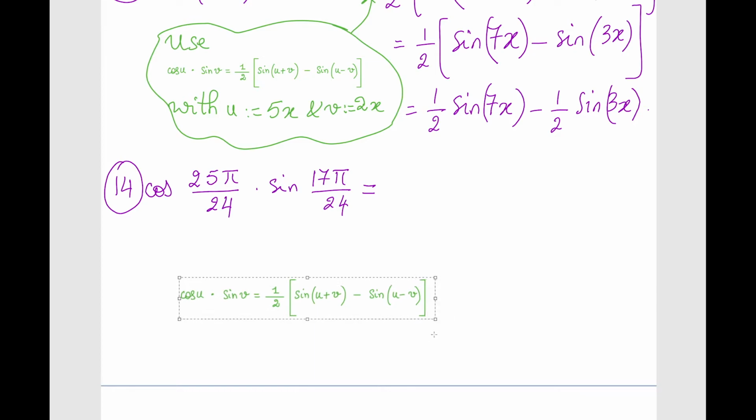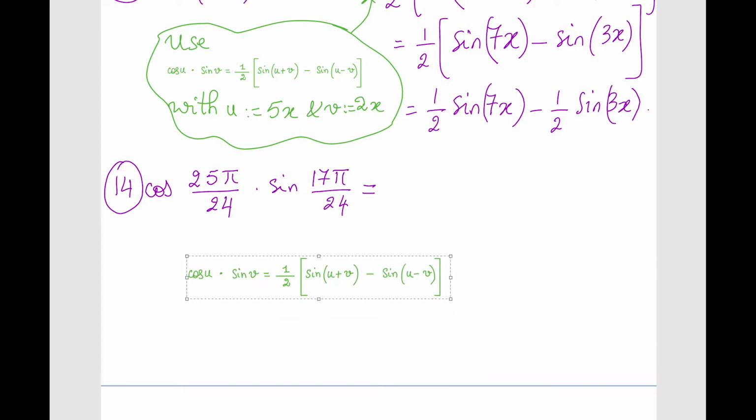Let's make it bigger, and let's choose a different color for it. How about this color? All right, so we're going to use that, but now, what are the choices of u and v? Well, the u is the angle that cosine is acting on. Cosine is acting on 25 pi over 24 here, so this is the u.